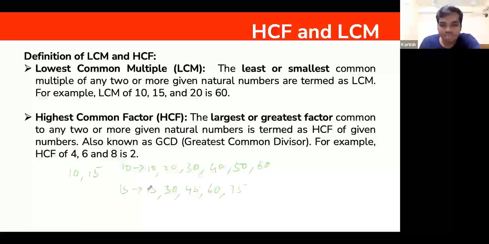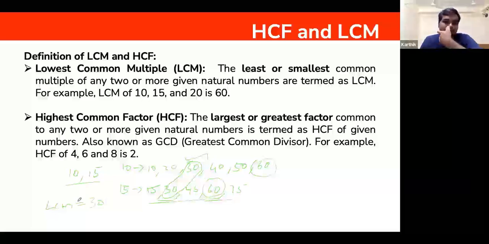Now I have found out the multiples. What are the numbers that are common? 30 is common, right? Even 60 is also common, right? But amongst the common numbers, the least one will be your LCM. So LCM of 10 and 15 is 30, right?